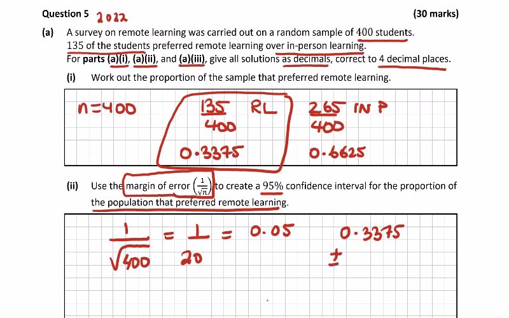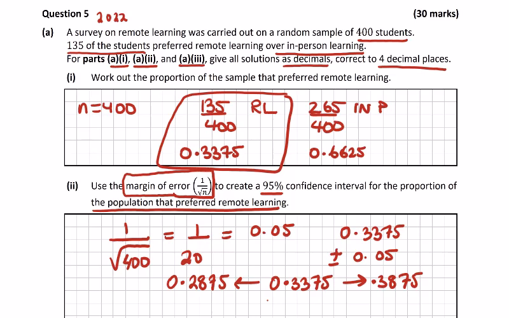We have to add and subtract 0.05. So with my 0.3375 in the middle, on the top end, I'm going to get 0.3875. And on this end, I'm going to get 0.2875. Just taking 5 away, so that one works out nicely.